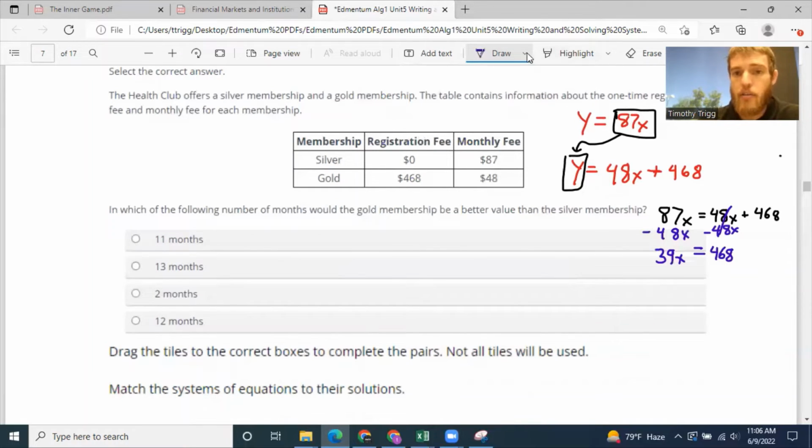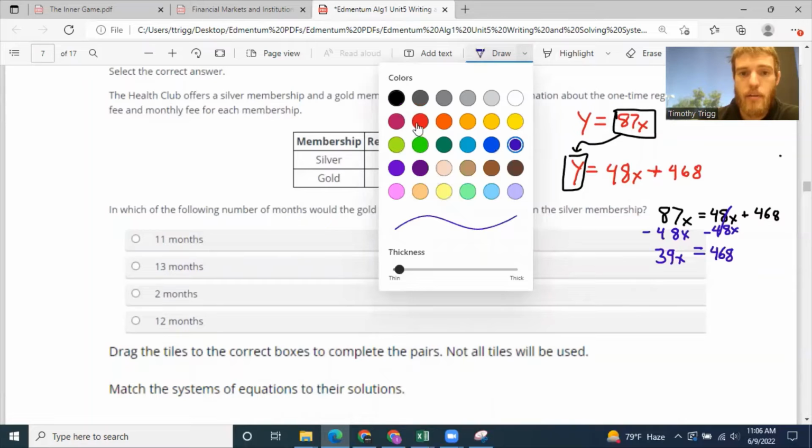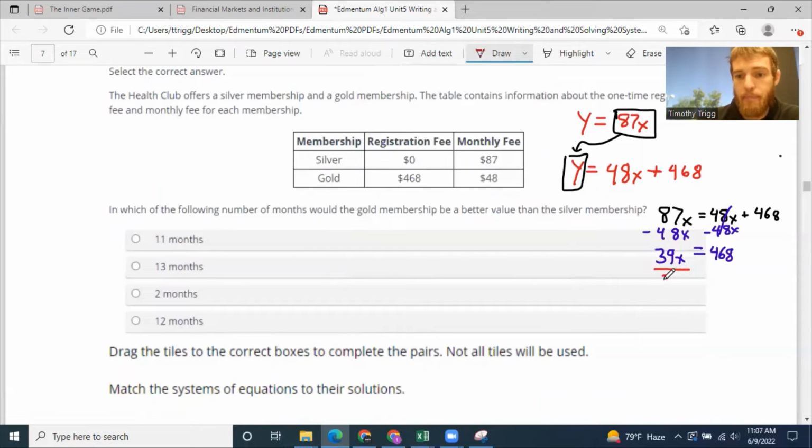Now to solve for x, we're going to go ahead and divide both sides by 39. Giving us the value of x is, let's see, 468 divided by 39, using my calculator. In which of the following number of months would the gold membership be a better value than the silver membership?